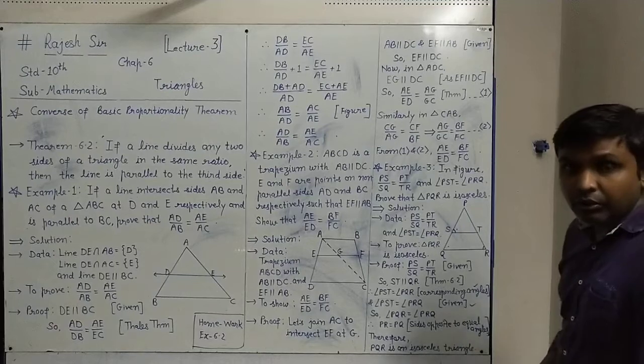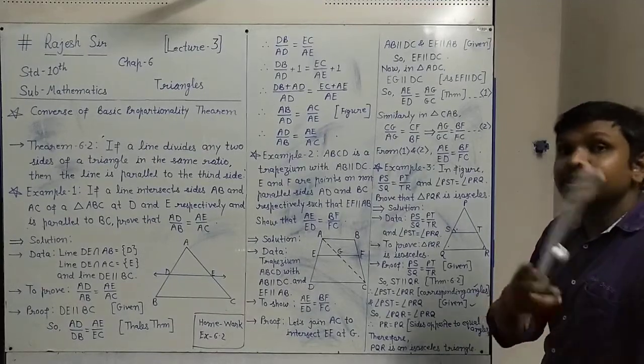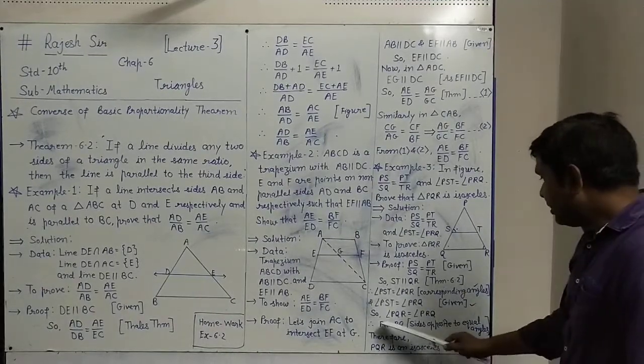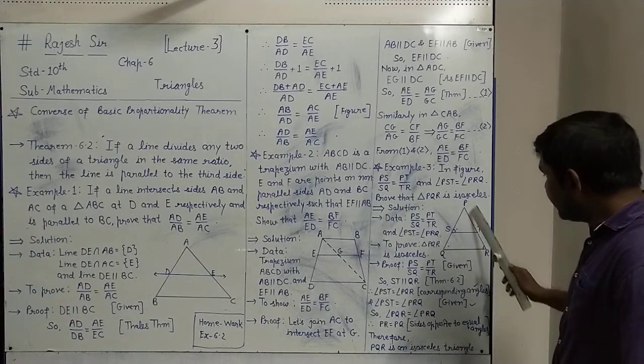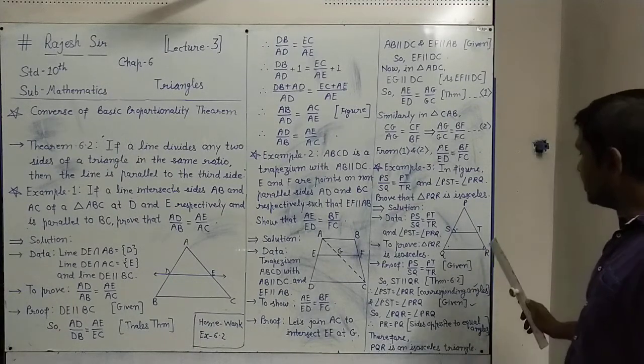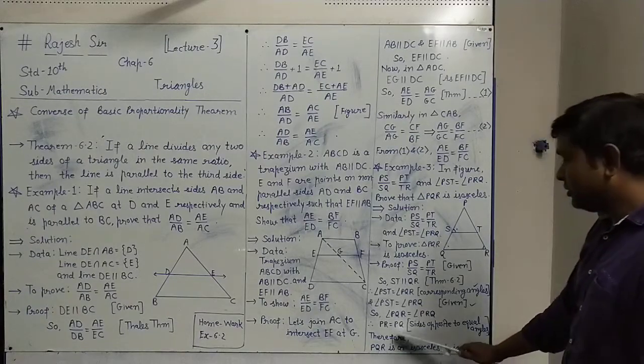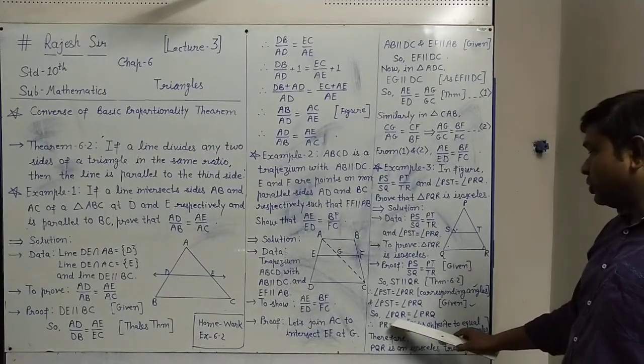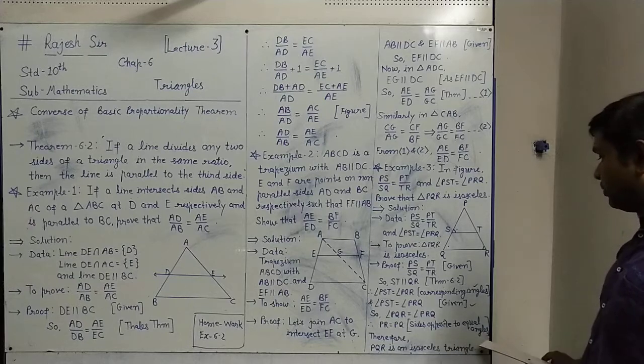And in a triangle, you know, if two angles are equal, their opposite sides are equal. So angle PQR, its opposite side is PR, equals angle PRQ, its opposite side PQ. So sides opposite to equal angles are equal.